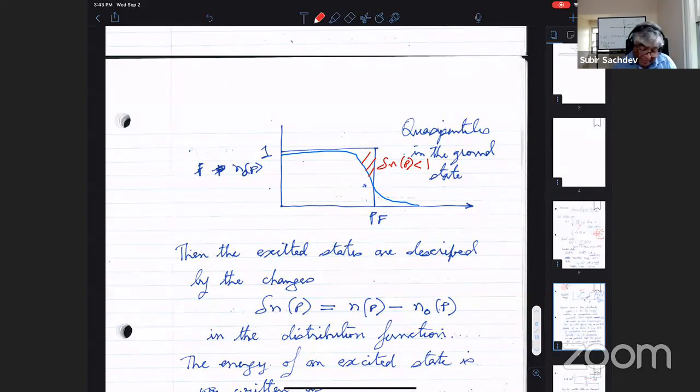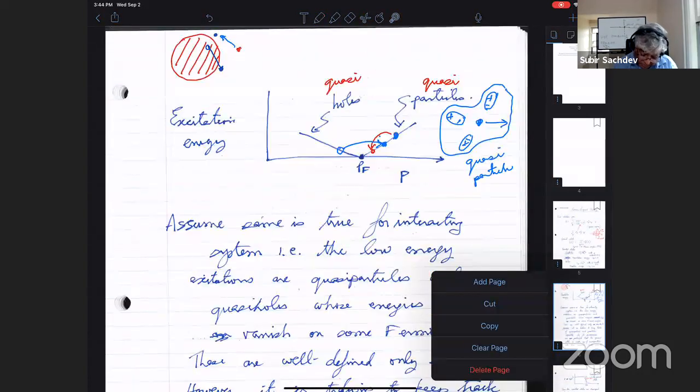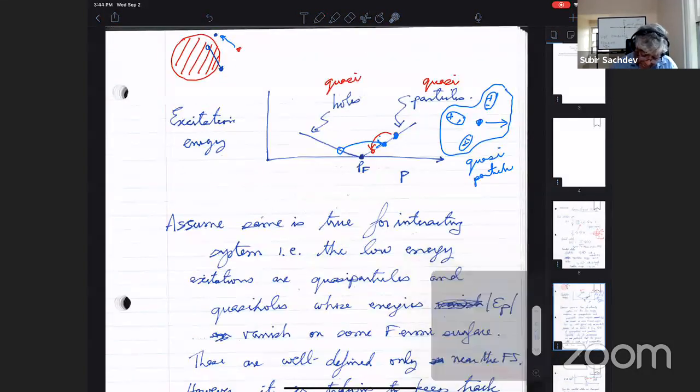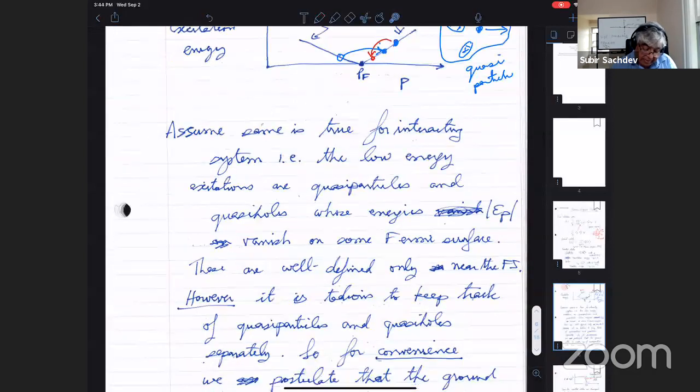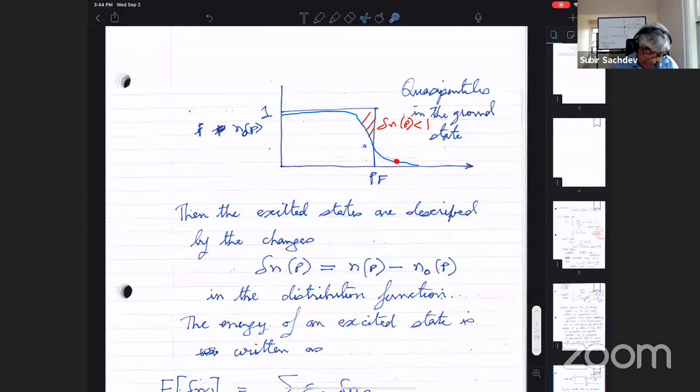And what we're saying is that quasi-holes we'll think of as excitations with negative quasi-particle number. So these are holes that you've created here. And then there are particles over here where delta n of p is positive. Sorry, that should be less than 0.